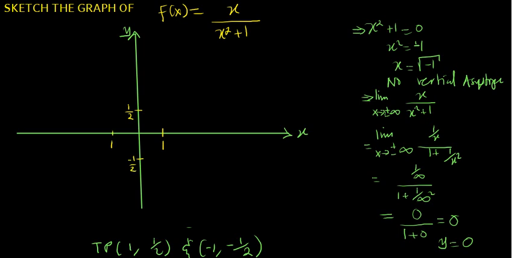So the turning points we have are 1 comma 1 over 2 and negative 1 comma negative 1 over 2. This is where the graph is going to be turning.